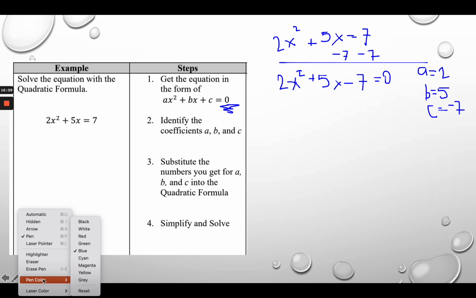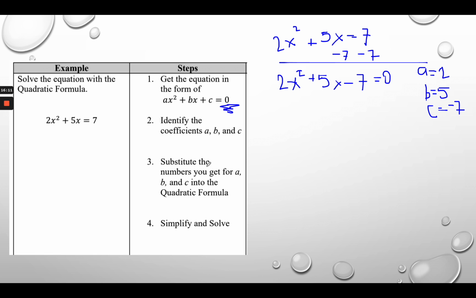Now we need to remember what the quadratic formula is so that we can substitute the numbers we get for A, B, and C into it. So remember, we have a negative boy who is unsure about going to the radical party. He decided to be square and missed out on dancing with 4 awesome chicks.